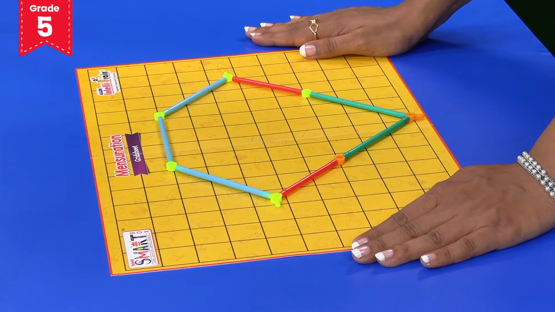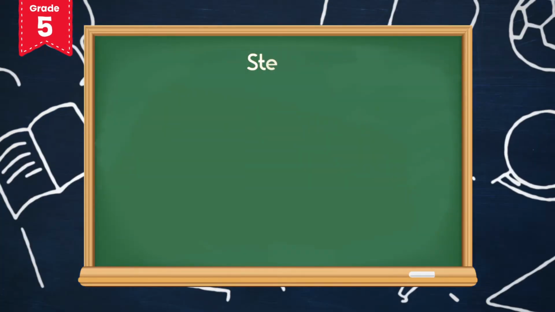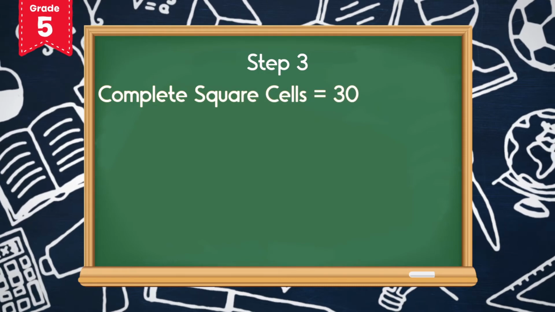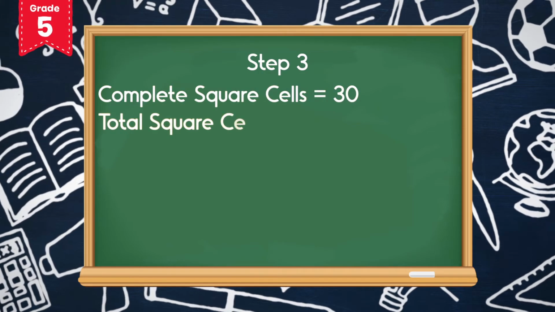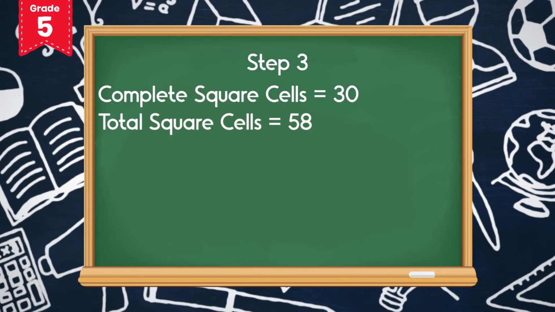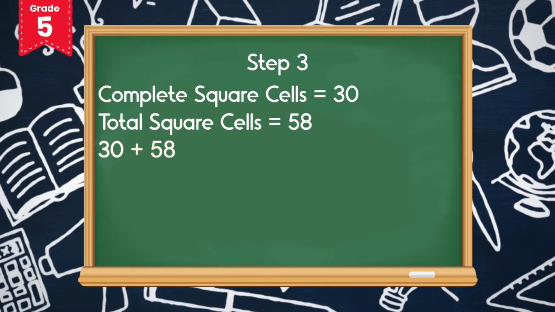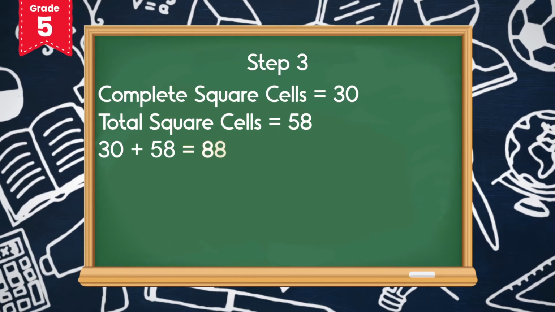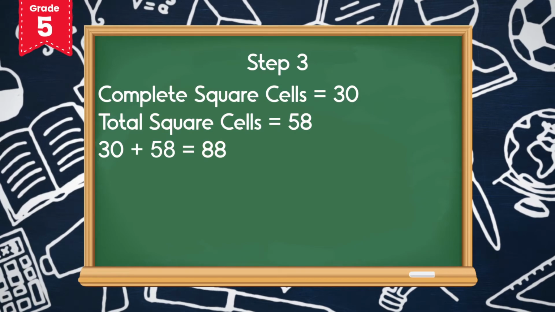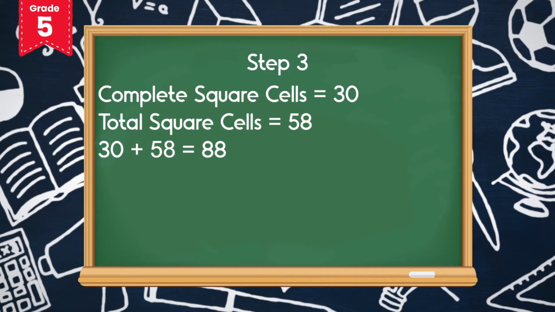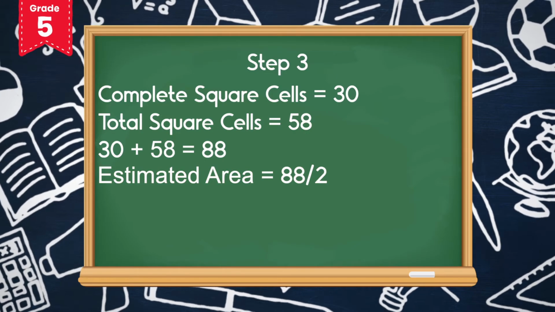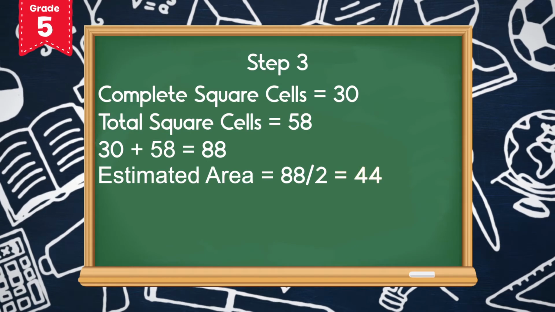Now the last step. Step 3. Add the count of square cells obtained in step 1 and step 2, that is 30 plus 58, which gives 88. To find the estimated area, divide 88 by 2, which gives us 44.